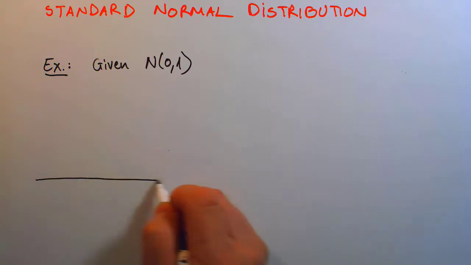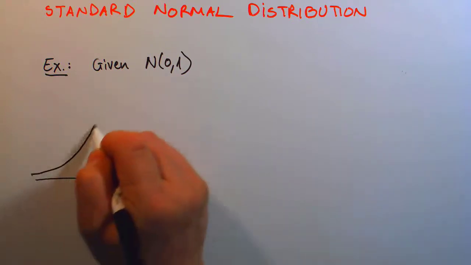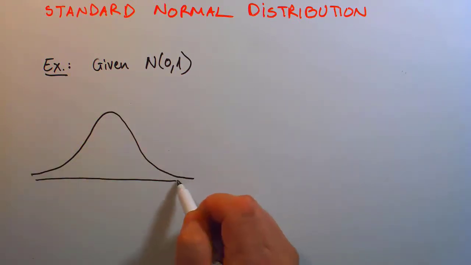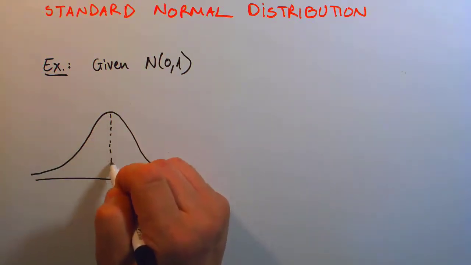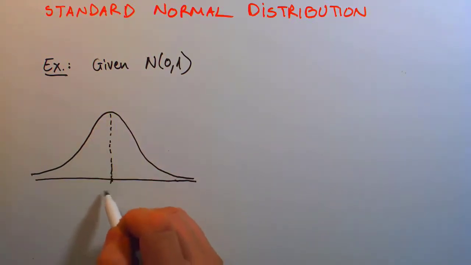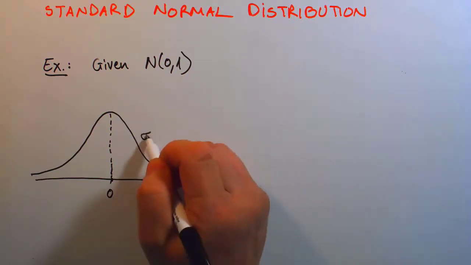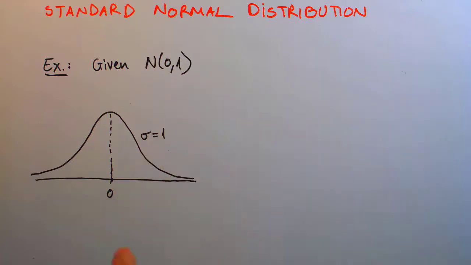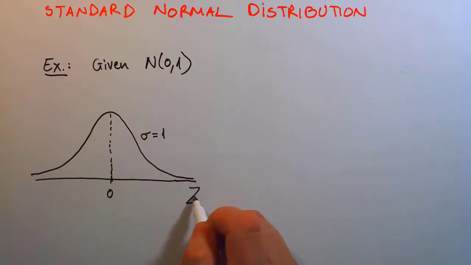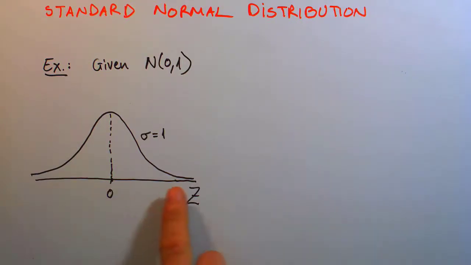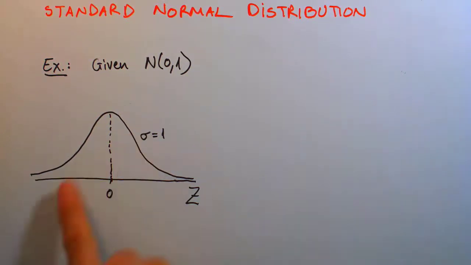So here's my empty bell curve, because we definitely need to make a lot of shading area here. This empty bell curve now furthermore is known to have mean in the center at 0 and standard deviation 1. Not trivially seen through the picture, but we can note it somewhere here because it's given, and it's a bell curve. And here we label our horizontal axis. Here is the z-axis. So that's the given information.